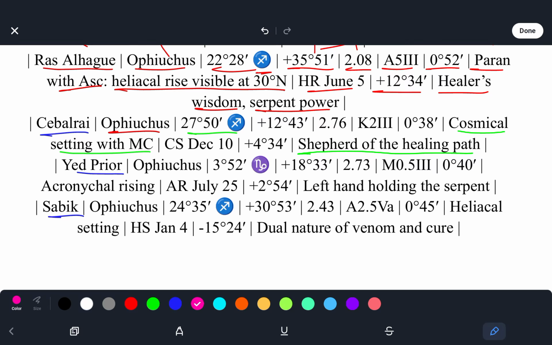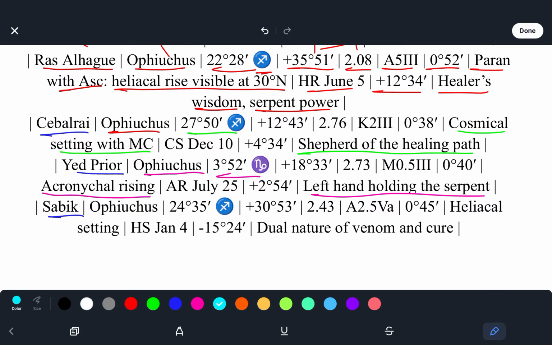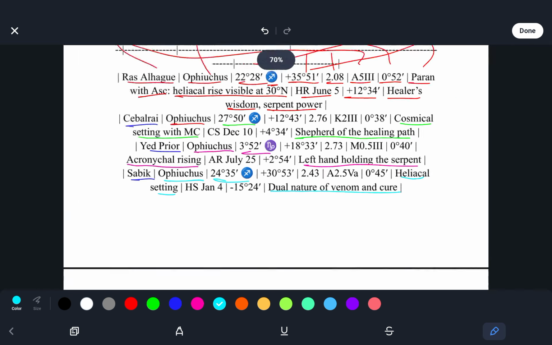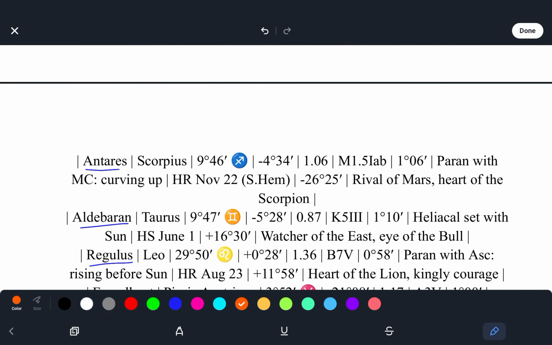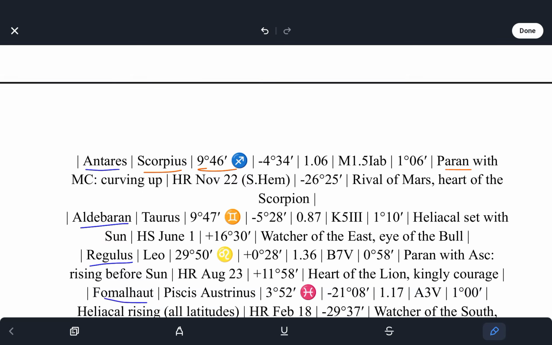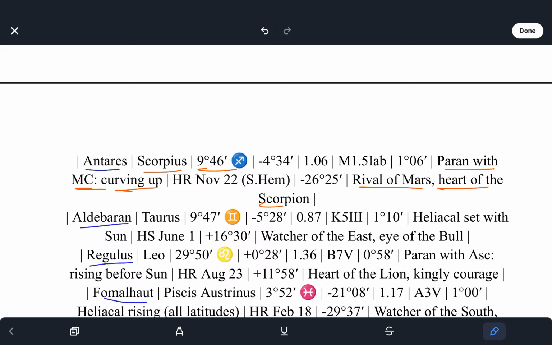So Yed Prior, Ophiuchus, is 3 degrees 52 Capricorn, acronycal rising, left hand holding the serpent. Sabik, Ophiuchus, is associated with 24 degrees 35 Sagittarius, heliacal setting and dual nature of venom and cure. And Antares is associated with 9 degrees 46 Sagittarius, also known as Scorpius, and paran with the midheaven culminating, rival of Mars, heart of the Scorpion.